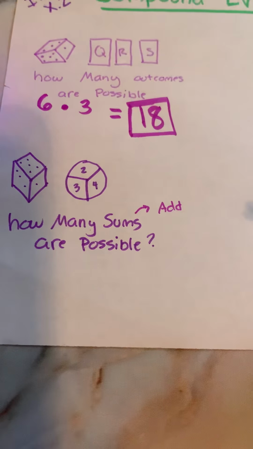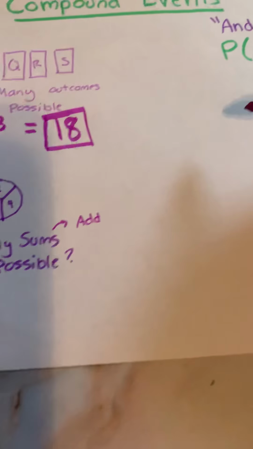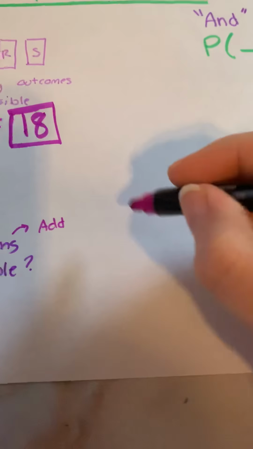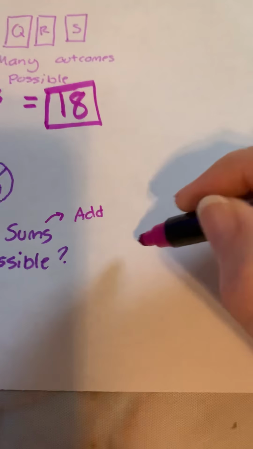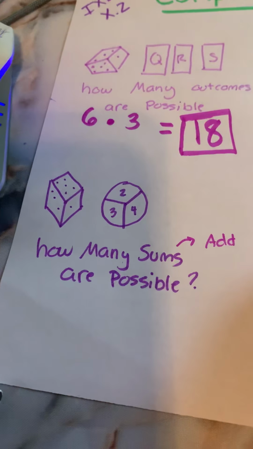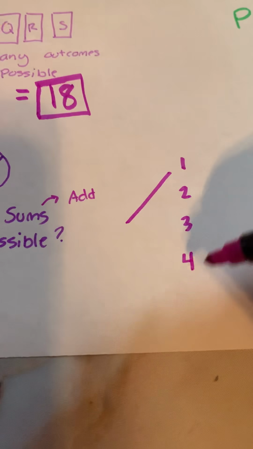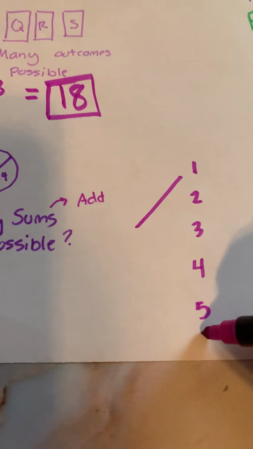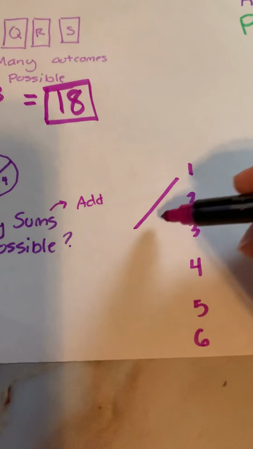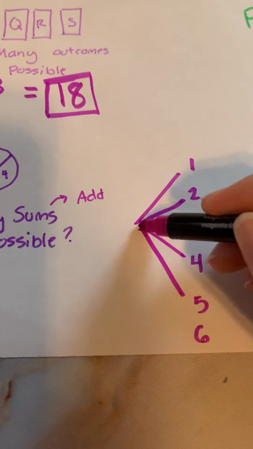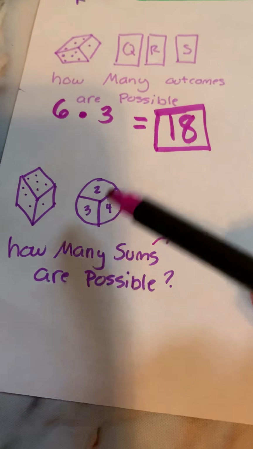So what we're going to do is make a little tree. I'm going to start my tree. The first thing I do is roll the dice. When I roll a dice, I could get a 1, 2, 3, 4, 5, or 6. Those are all the options from rolling a dice. Then I'm going to spin this spinner.